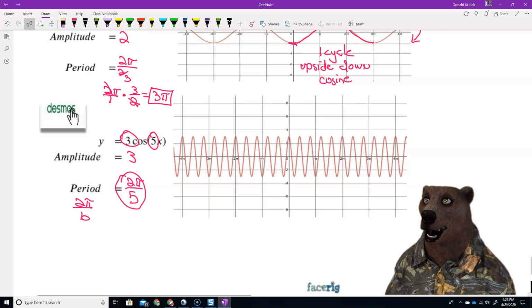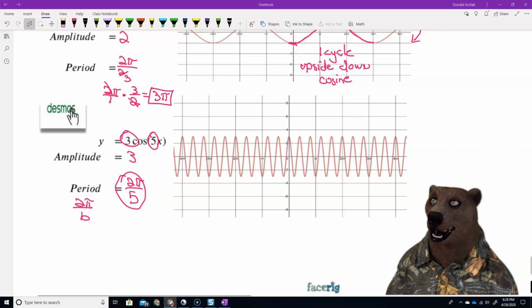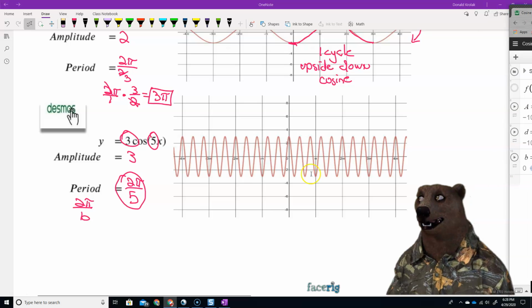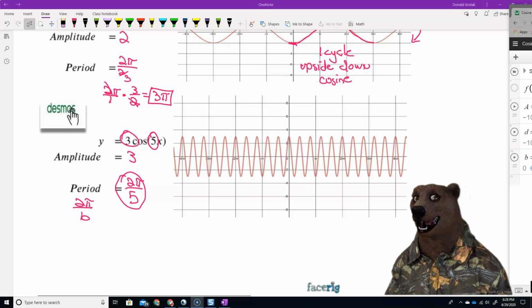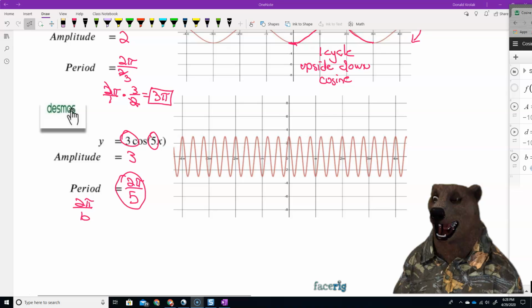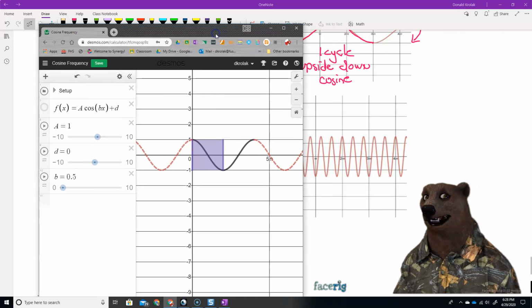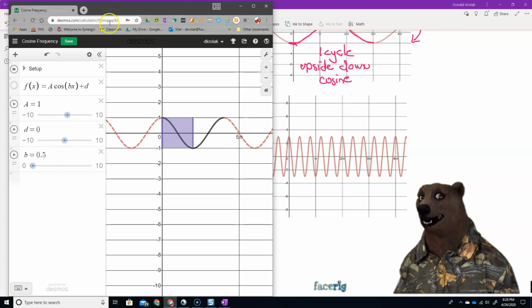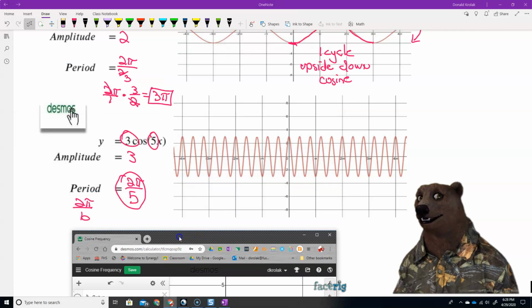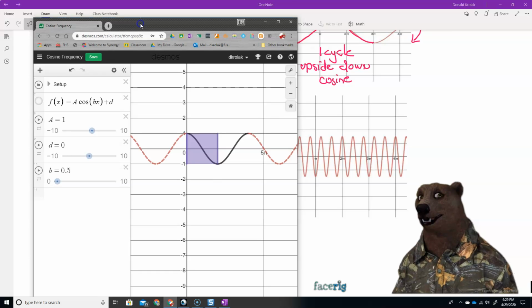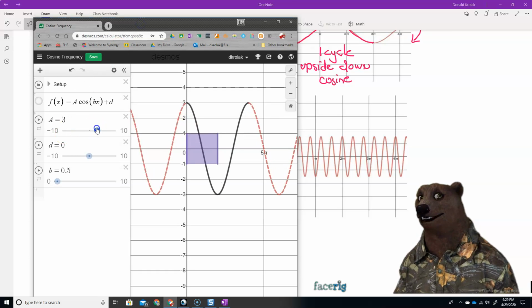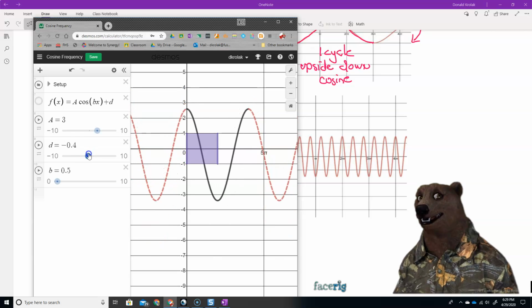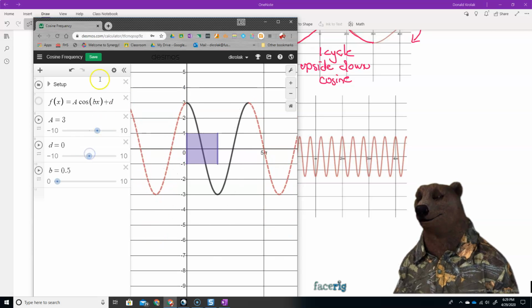Okay, now to graph these, if you click on the link up here, then here's your cosine graph. And then you just adjust these sliders to whatever your values are. So for example, that last one, A was equal to 3. D stays alone. D raises it up and down, so we're not going to do that yet.